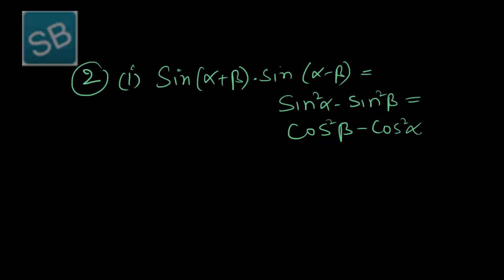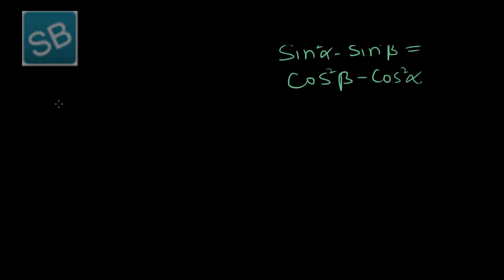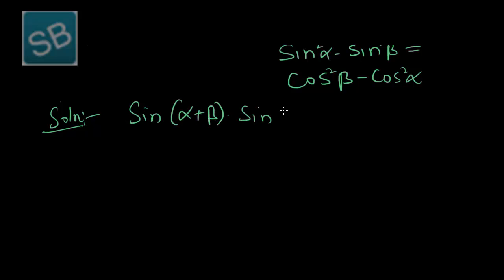That is in terms of cos and sine functions. So the proof, or we can say the solution, is: on the left hand side we have sine (alpha plus beta) into sine (alpha minus beta).